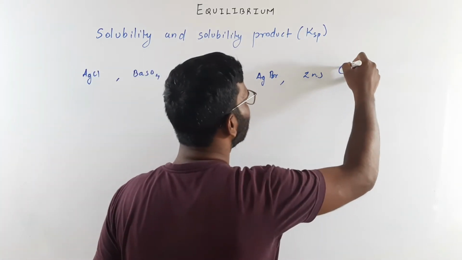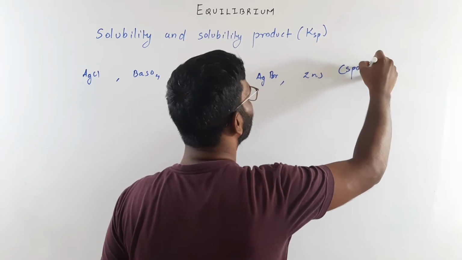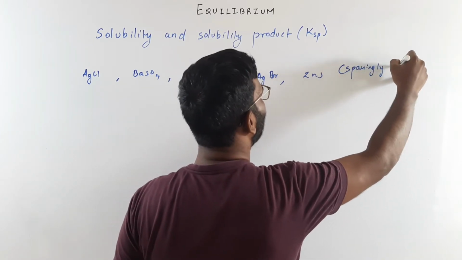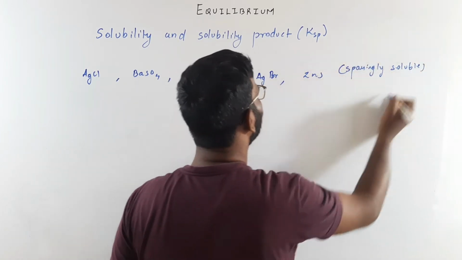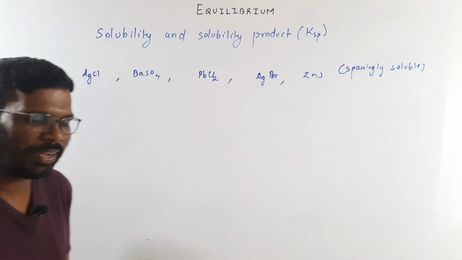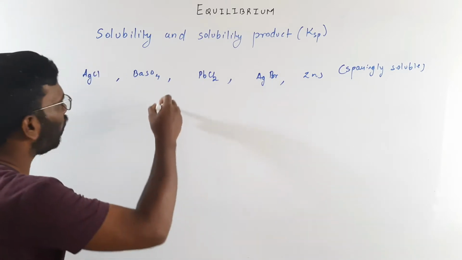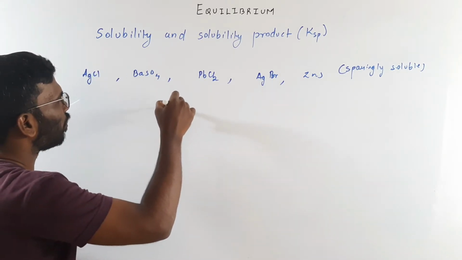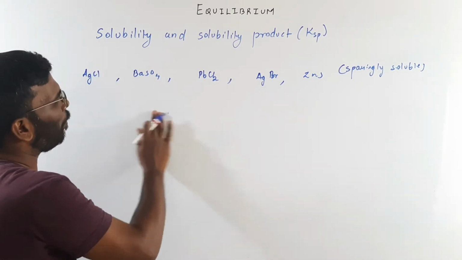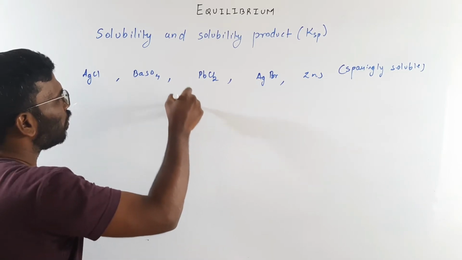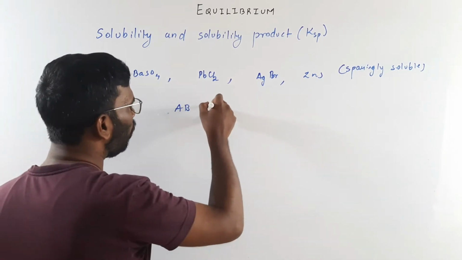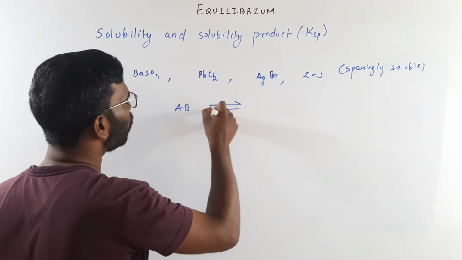These are some examples of salts which are sparingly soluble. Hardly anything will go into the solution. Let's take an example of AgBr. Let's take the salt AB, which is getting dissolved sparingly.